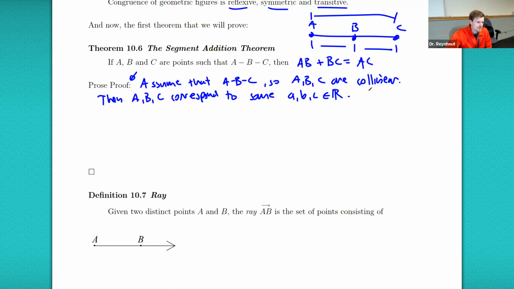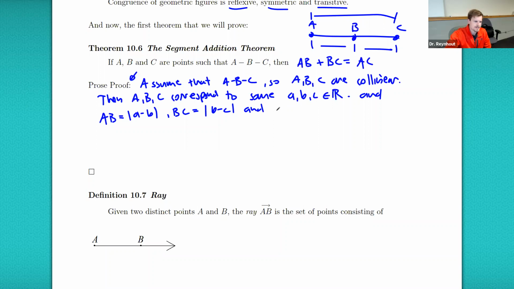Okay, so we actually get from that the distance from A to B is the absolute value of a minus b. Excellent. The distance from the point B to the point C is the absolute value of the difference in values from b to c.